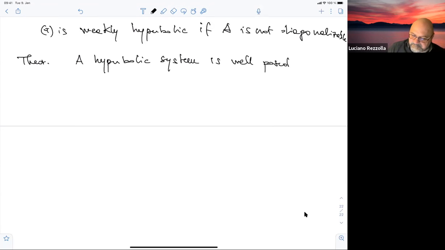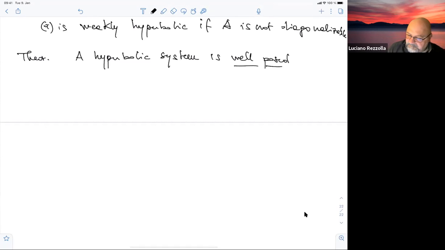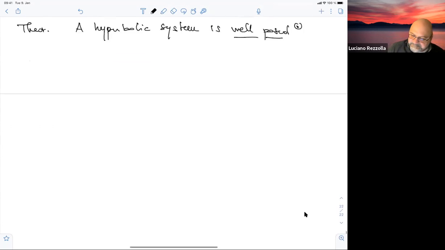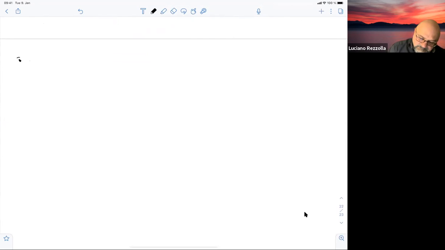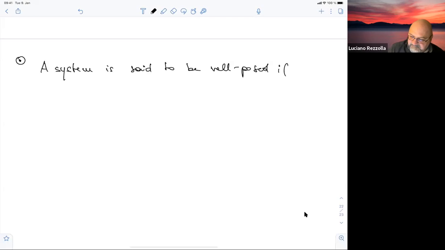Okay, and well posed, for those of you who want a definition, a system is said to be well posed if the following condition is met.